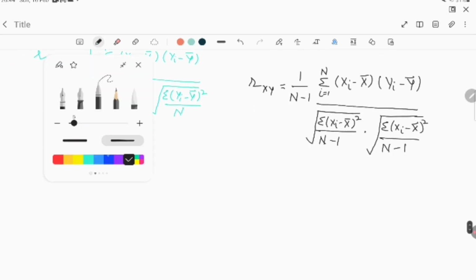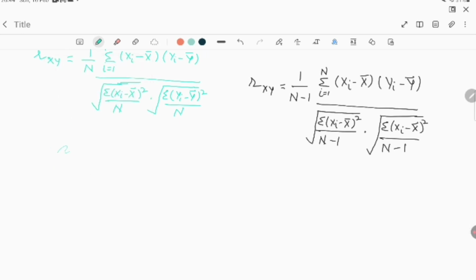Now we can further simplify it. R xy is equal to 1 upon n. Here we remove the 1 because it cannot affect our formula. So summation xi minus x bar multiplied by yi minus y bar, and we multiply this one and this one here.